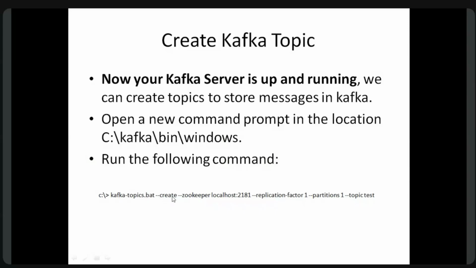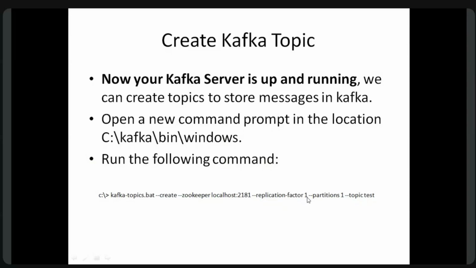Okay. And then you are giving --zookeeper, and then you are giving the address of zookeeper. So that is host name and port number. Okay. Then next thing is you are giving the replication factor.